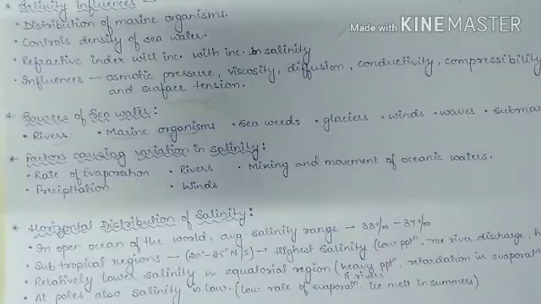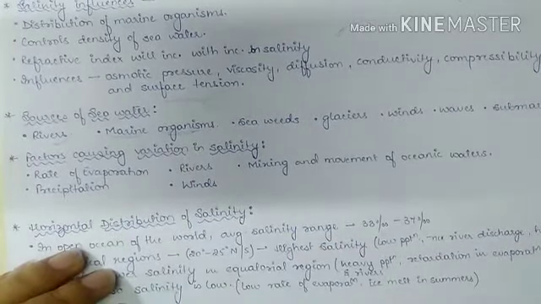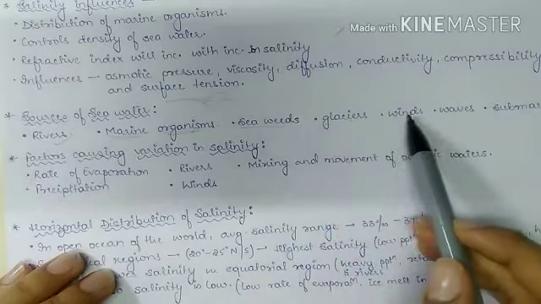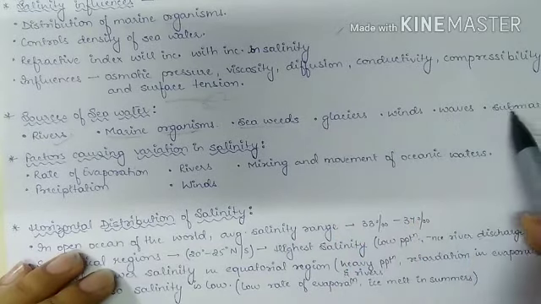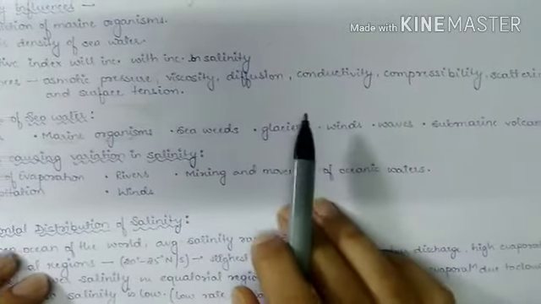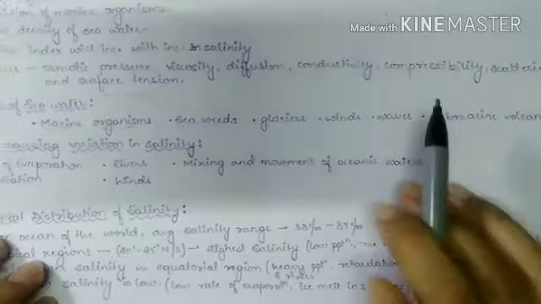So when this carbonate mixes with seawater, it increases the salinity of seawater. Next we have seaweeds, glaciers, wind, waves, submarine volcanoes. These are also important factors which increase the salinity of seawater.